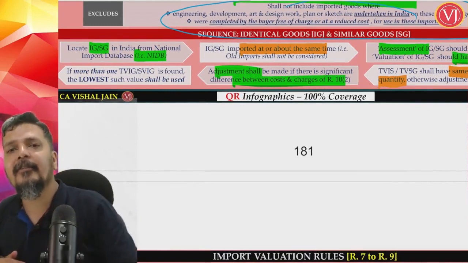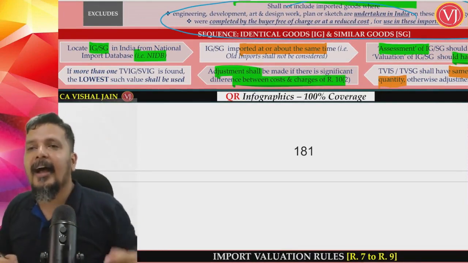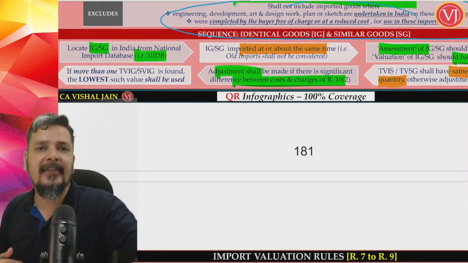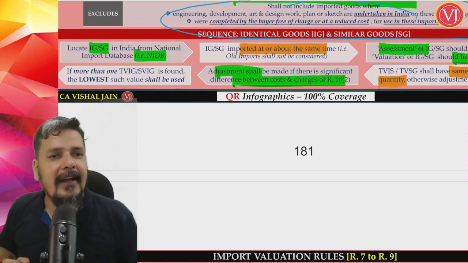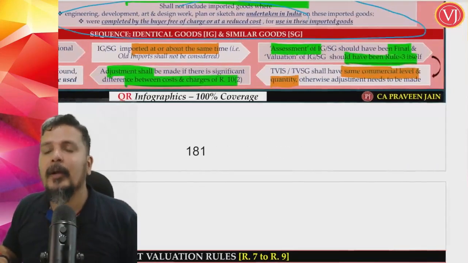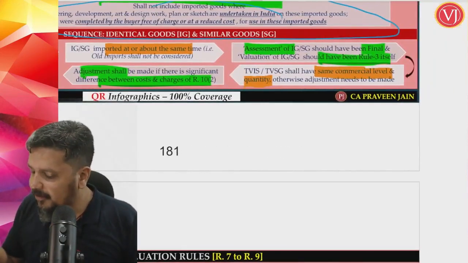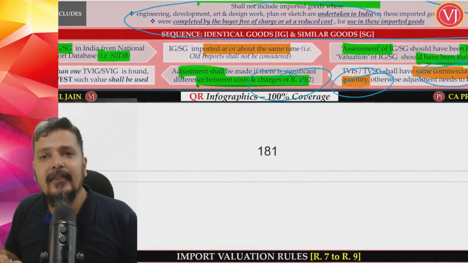The comparative could be import from USA one city to Chennai, and my case could be USA another city to Mumbai. So I have to even give freight and insurance adjustment. I have to give two adjustments. One, commercial adjustment, quantity adjustment. Other, freight and insurance adjustment.